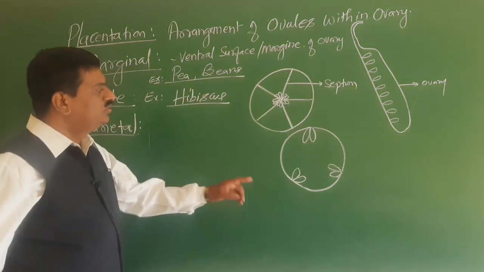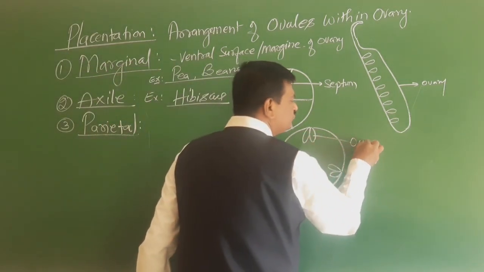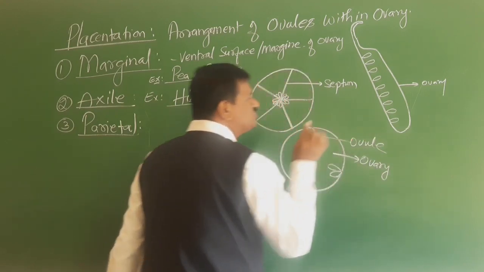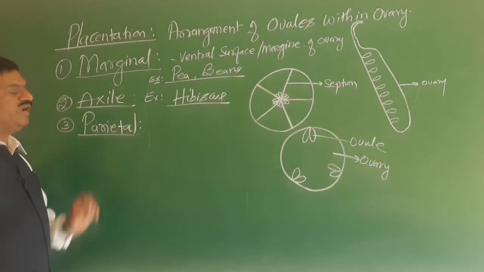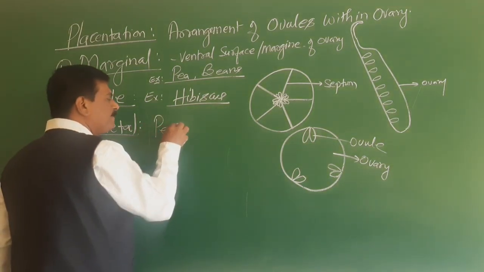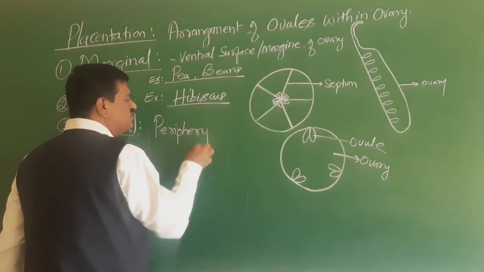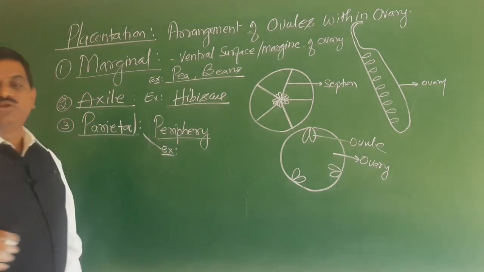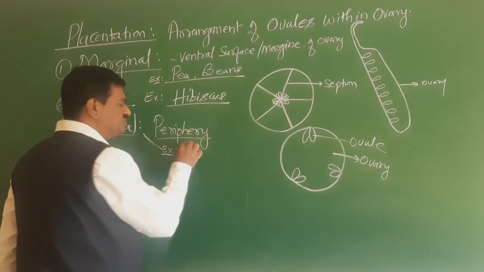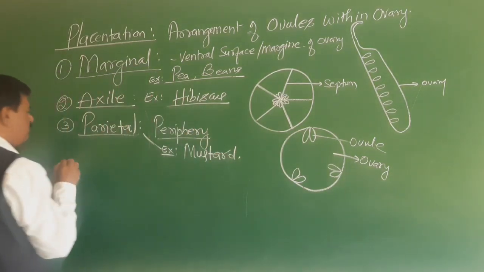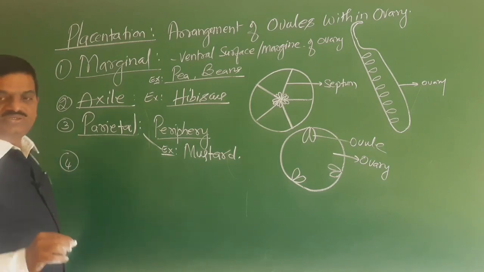So this is called the ovule and this is called the ovary. So like this, there is a presence of parietal placentation. Ovules are present at the periphery. Example for this, you can notice this in the mustard. In the mustard, there is a presence of parietal placentation.